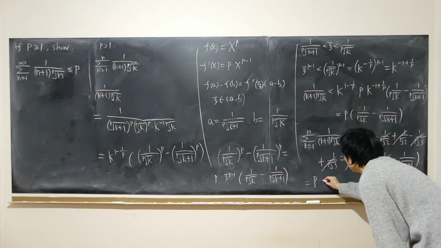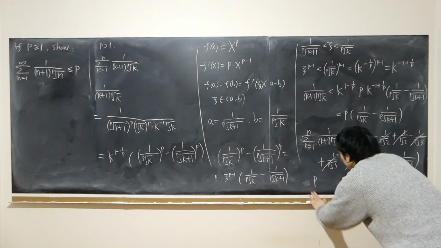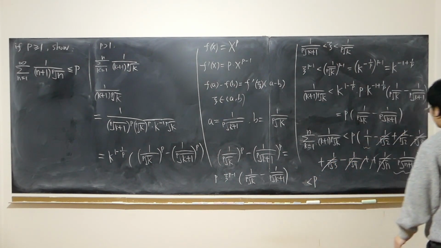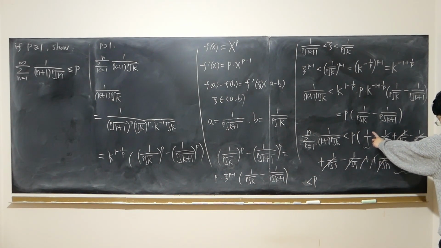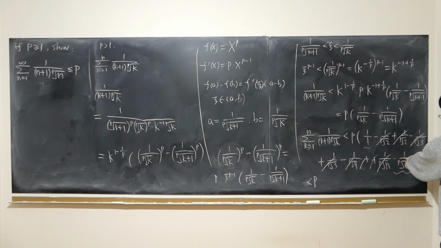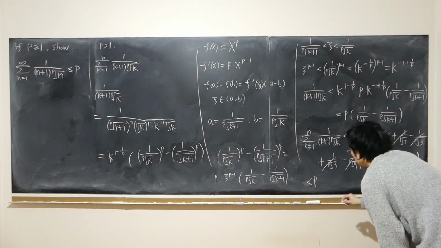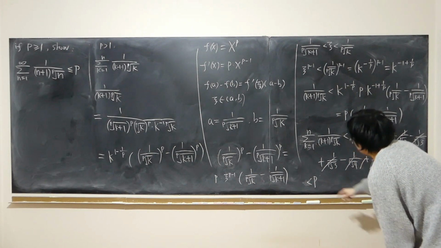So that is equal to p times, that is actually smaller than p times just 1, because I have 1 minus some positive number. If I don't subtract a positive number, I become bigger, right? So this is no larger than p.